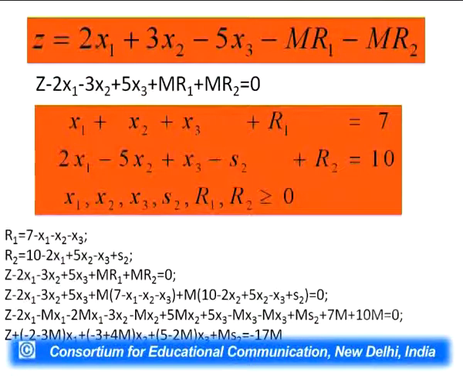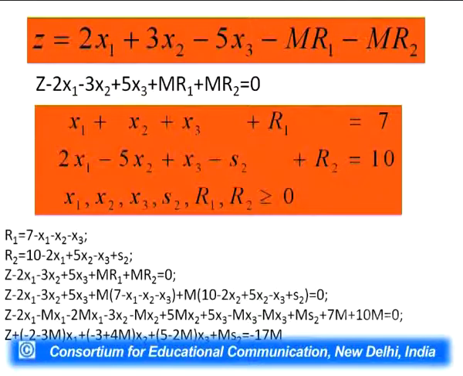Now, look at the objective function equation: 2x1 plus 3x2 minus 5x3 minus Mr1 minus Mr2. In this equation, R1 and R2 are artificial variables, and our first aim and the first step is that somehow we should get rid of artificial variables in the initial state.